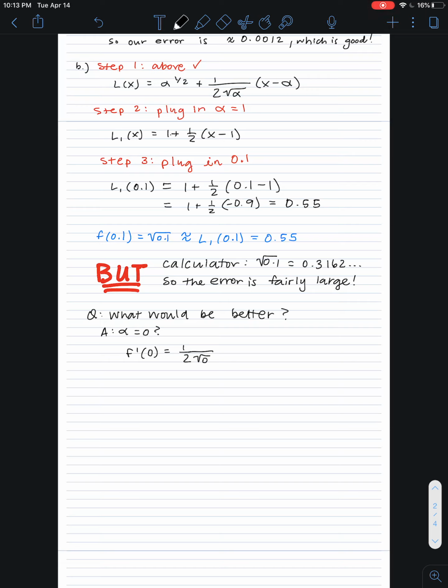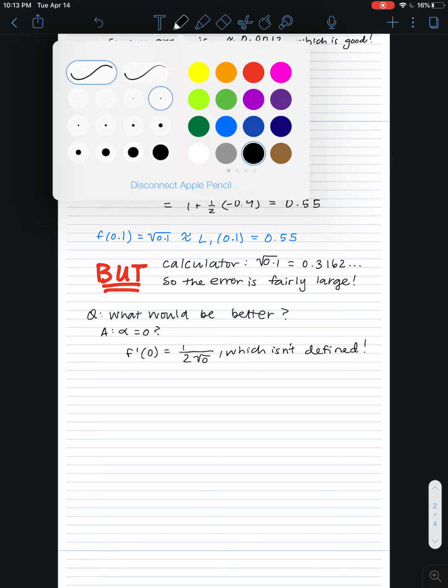Hold on, guys, I'm double checking my... Yeah, sorry. Which isn't defined. Right, because we can't divide by 0. So this doesn't work.